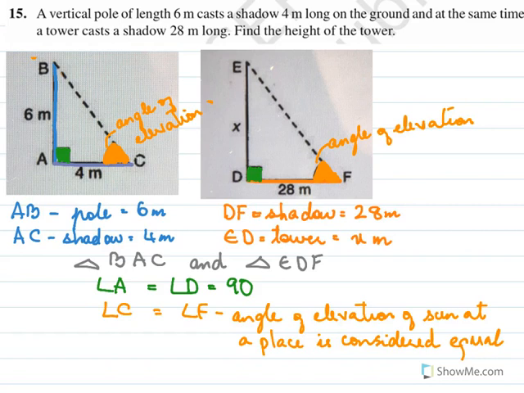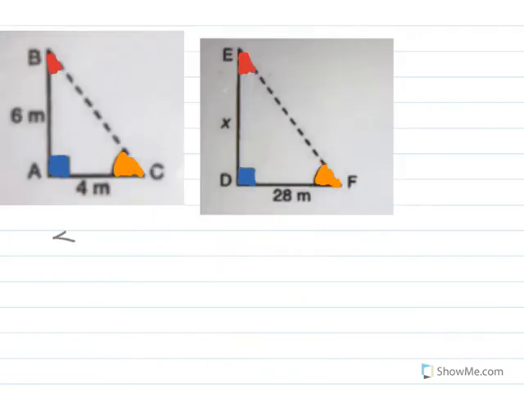The third angle will also be equal. We'll mark the third angle here. B will be equal to E. So you'll agree that the two triangles now are similar. So we write angle B equal to angle E, angle sum property.